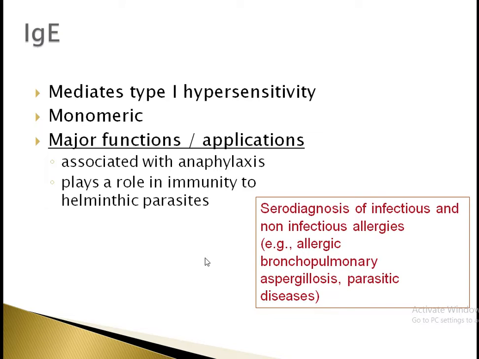Later on, we will discuss hypersensitivity and allergic reactions in much more detail. But at this stage, you must remember which type of immunoglobulin is important for hypersensitivity reaction. The answer is IgE.